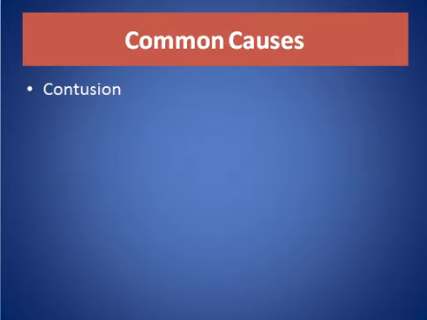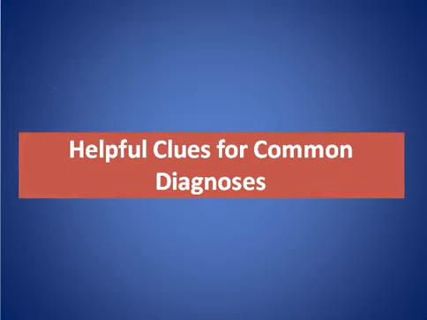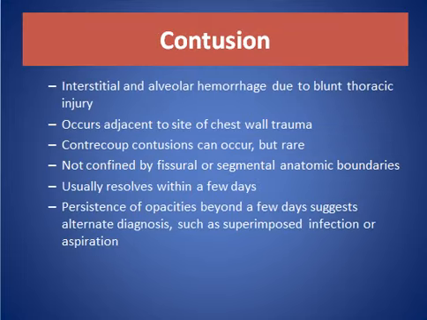Common causes: contusion. Contusion is interstitial and alveolar hemorrhage due to blunt thoracic injury. It occurs adjacent to the chest wall trauma.